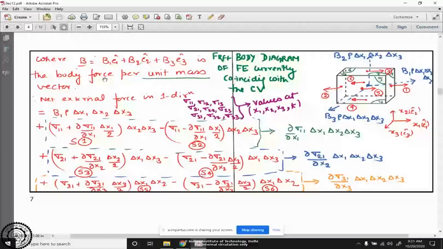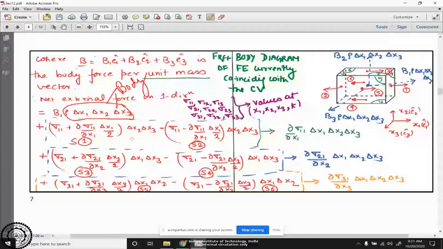You see, so net external body force in one direction will be B1 times rho, density, multiplied by the volume. Okay, so this is nothing but the mass of the fluid element under consideration. So this gives me the total body force acting. So this is one force.